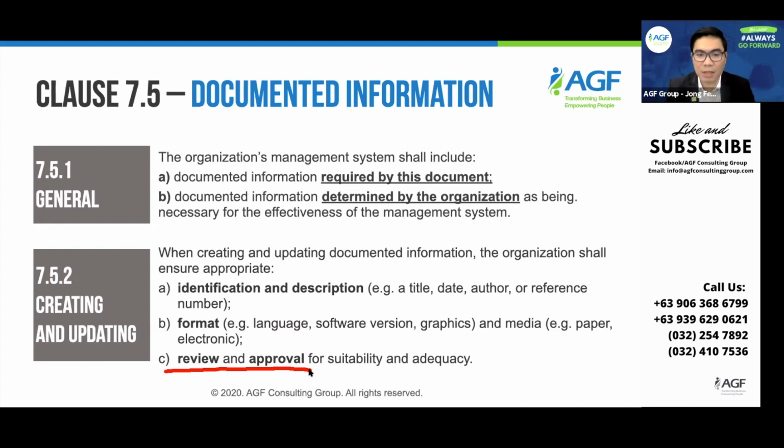Wherever you put that, the review and the approval should be there. So we call this the review and approval matrix. You all know this, no? The prepared by, reviewed by, approved by. So make sure it has that, so that we know that all these documents are official. So it's not just a piece of paper, especially if it has no signature whatsoever. Are we following this?